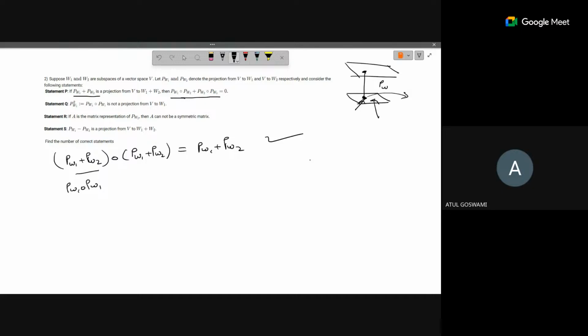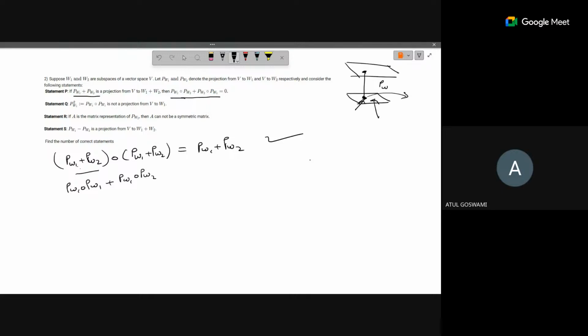So pw on pw, then pw on pw2 of pw2. Am I writing correct or not?